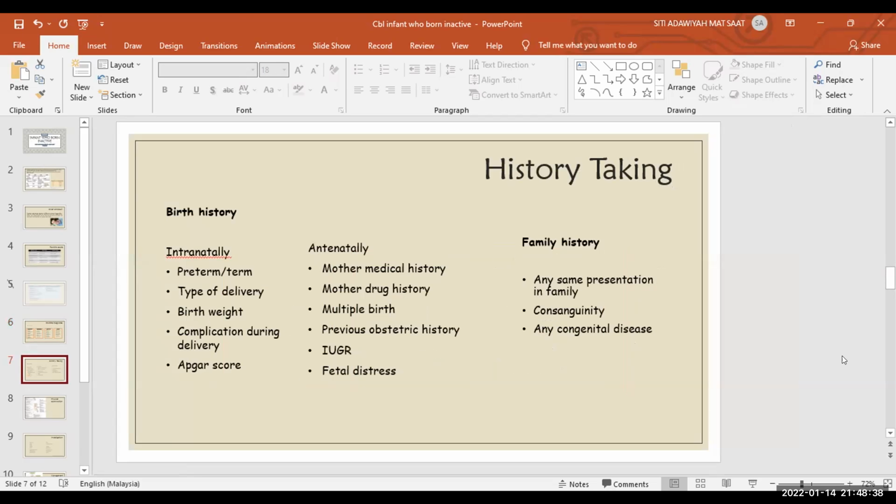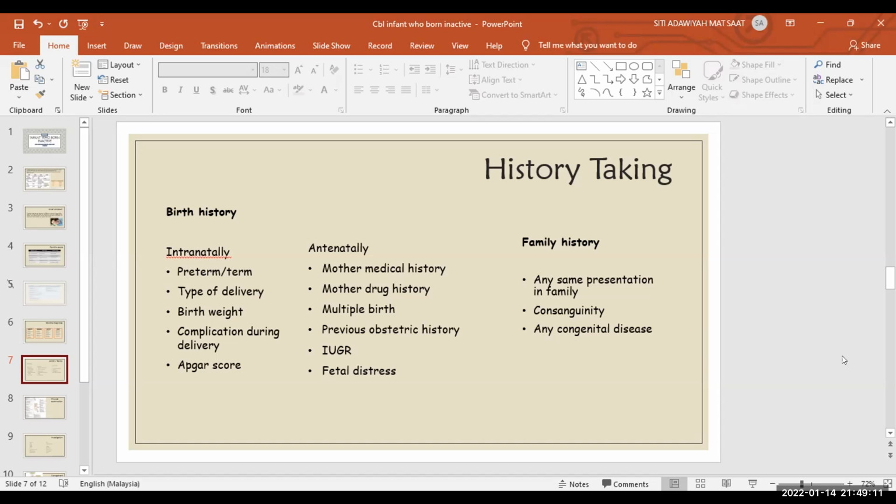For history taking, birth history is the most important history that we need to elicit in order to know the cause of an infant born inactive. Intranatally, we need to know whether the infant is preterm or term, and what type of delivery it was, whether spontaneous vaginal delivery, cesarean section, or assisted delivery.